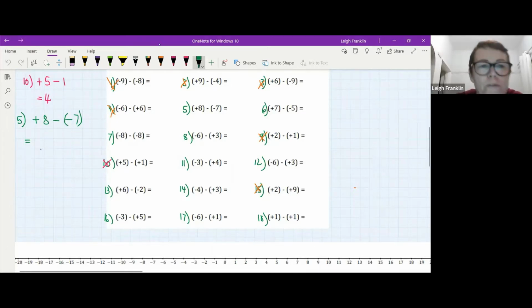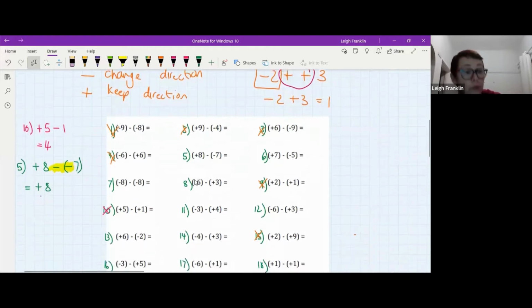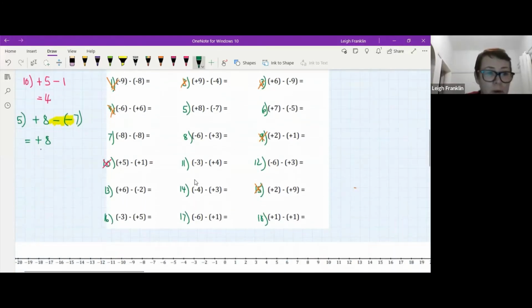Okay. The first thing that you have to do, Devon, is the 2 signs that sit next to one another have to become 1. So when a minus and a minus sit next to one another, what do we end up doing? That would be adding. Absolutely. So you're starting at +8 on the number line and you are adding 7.